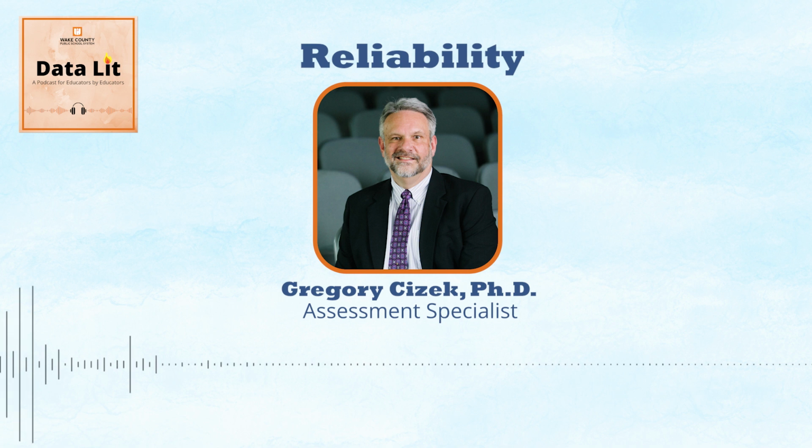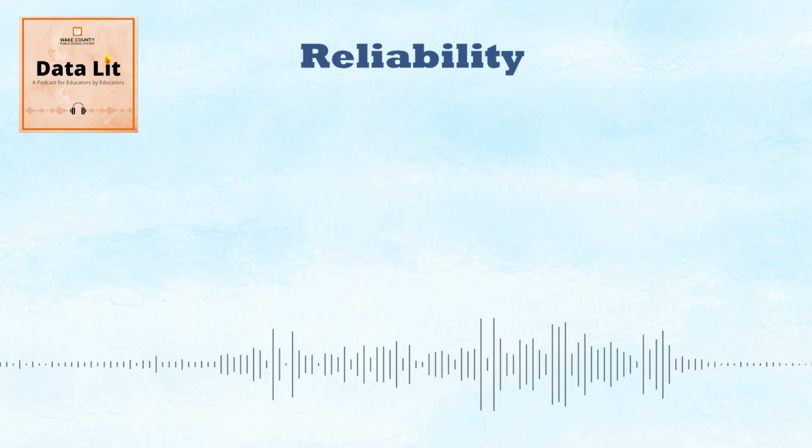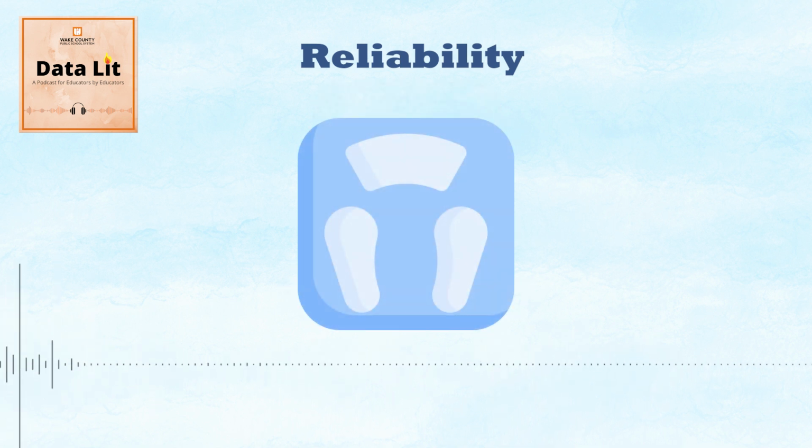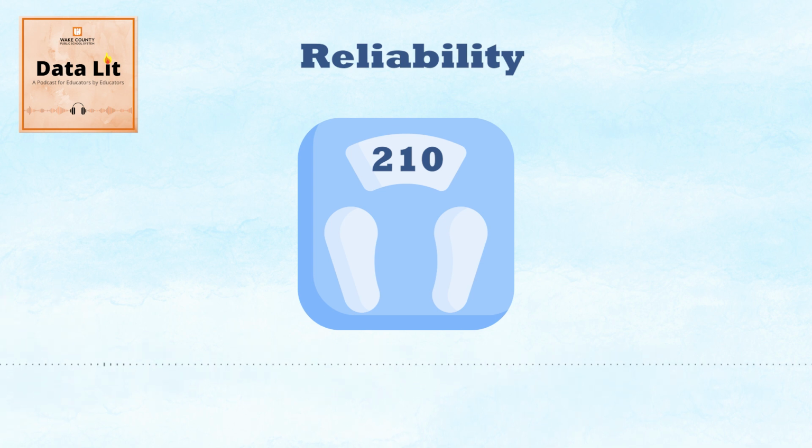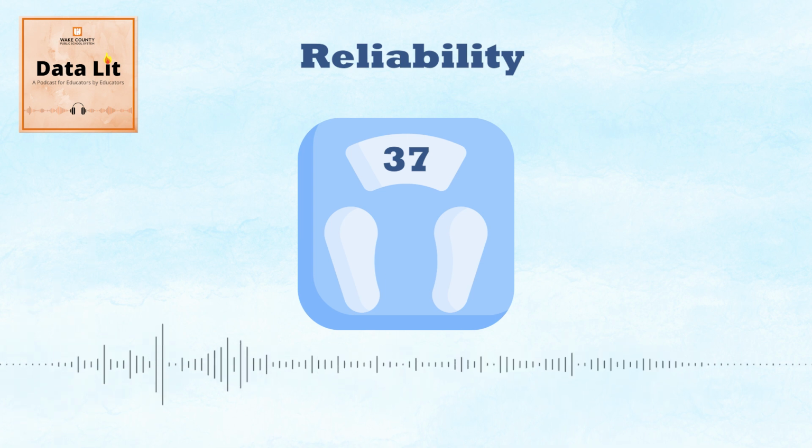It's a little like stepping on the scale in my bathroom in the morning. If it said 210 today, okay, that'd be great. If I checked one more time and it said 37, I'd think, wait a minute, something's wrong here. This is not giving me dependable information.